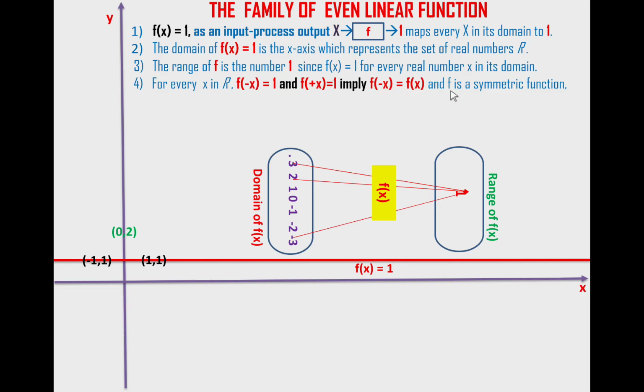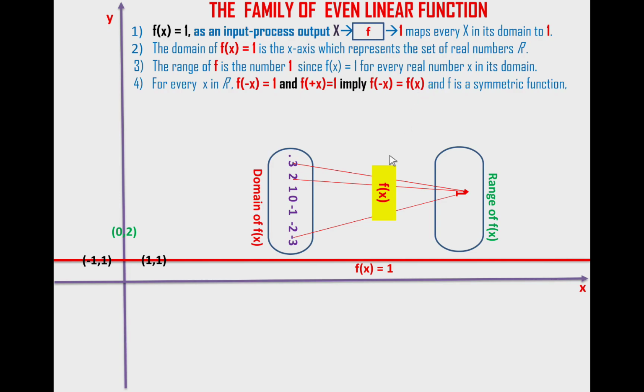It also implies that f is a symmetric function. The equality f of minus x equal to f of x is a condition people use to check if a function is even or not. If this equality is satisfied for every x in the domain of a function, the function is even.